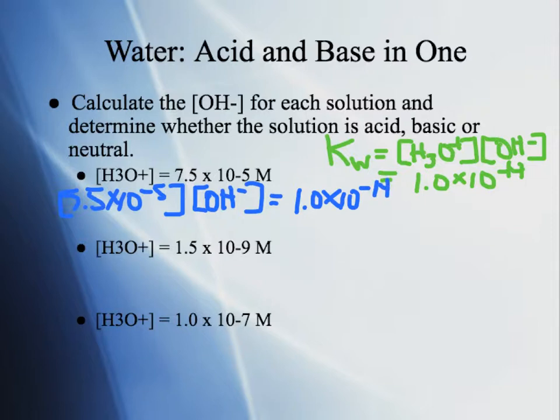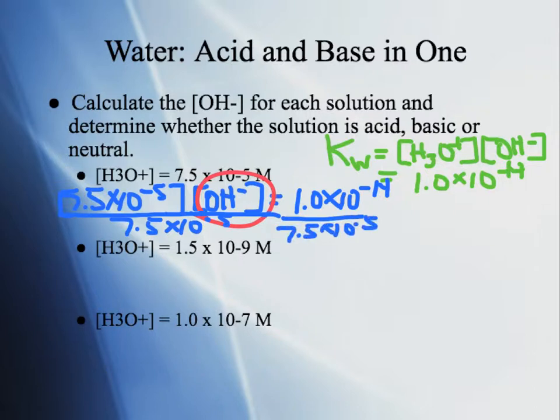To get our little x by itself, we're going to divide both sides by 7.5 times 10 to the negative fifth. When we do that on our calculator, we'll get 1.3 times 10 to the negative 10 molarity. Remember, this is our OH ion concentration.